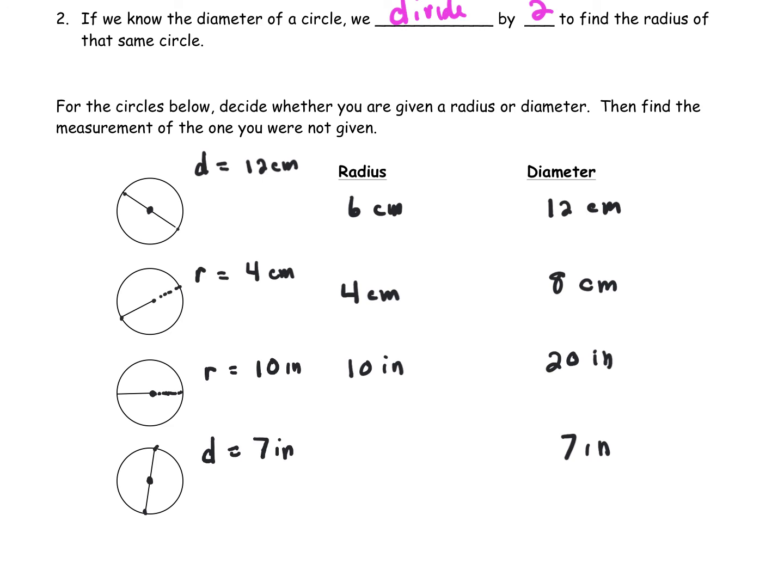But if I want to find the radius, I have to divide it by 2. I just want half of it. So 7 divided by 2 would give me 3 and 5/10, so I could say 3.5 inches.